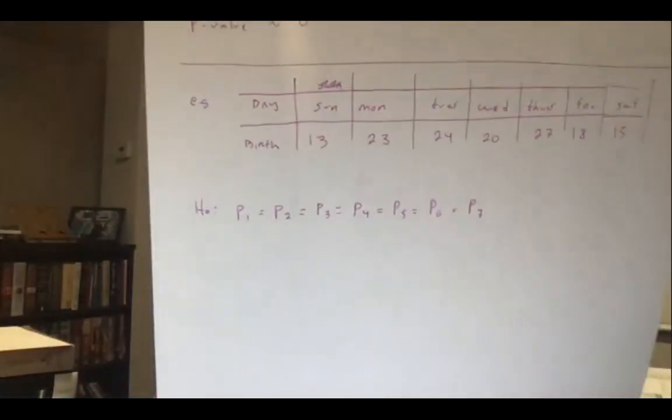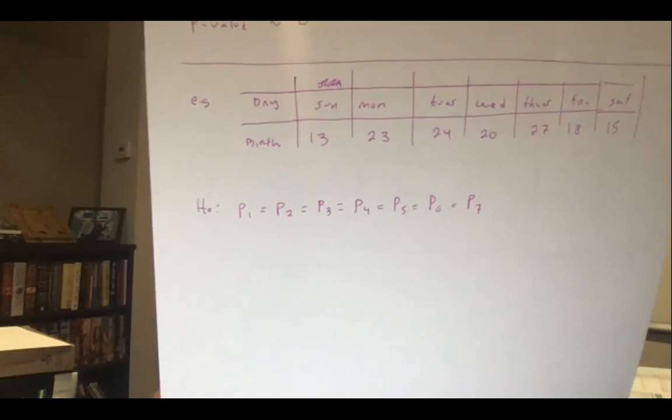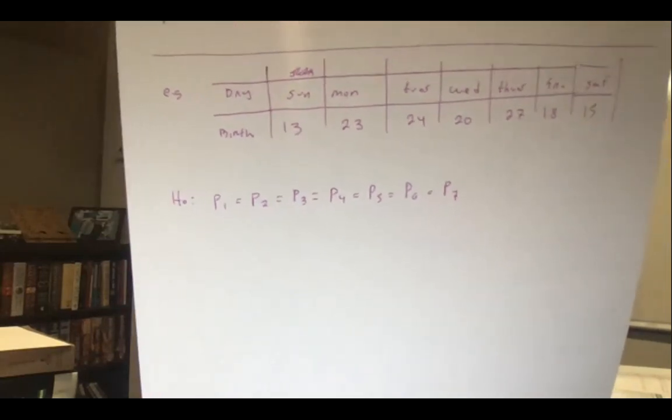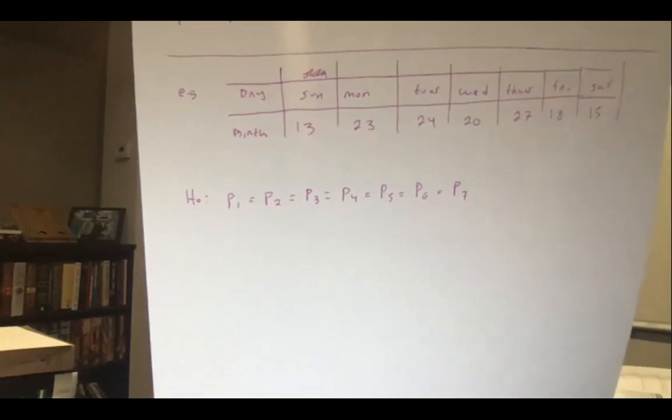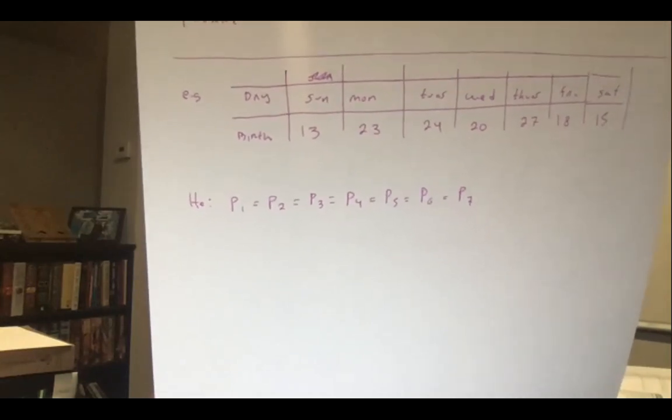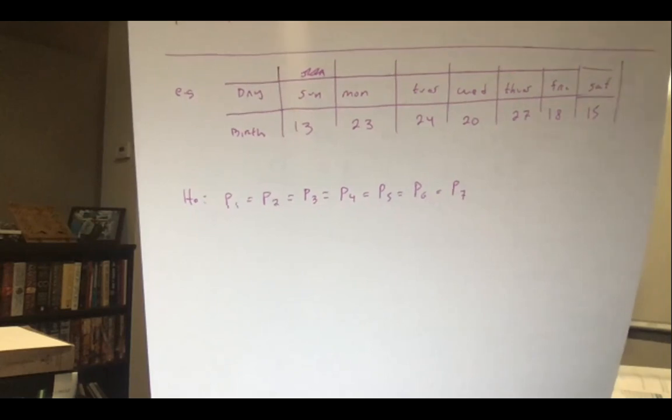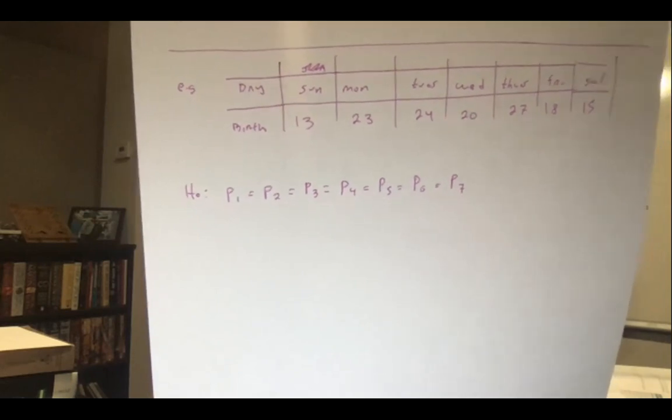We'll say P1 equals P2 equals P3 equals P4 equals P5 equals P6 equals P7. The null hypothesis is that the percent of births for each day of the week is the same. This is what we're testing. Are they all the same? Is P1 equal to P2 equal to P3 equal to P4 equal to P5 equal to P6 equal to P7?